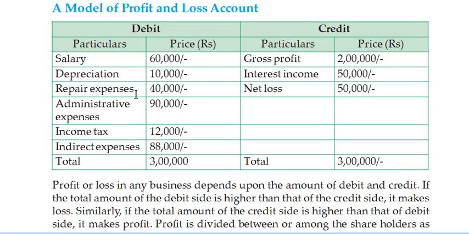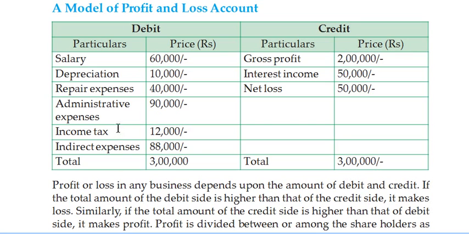And repair expenses. Whenever the machinery items are damaged, they have to be repaired, and that is also an expenditure. Administrative expenses means very common expenditures like files and other administrative expenses. That also comes under expenditure and is to be included in the debit.